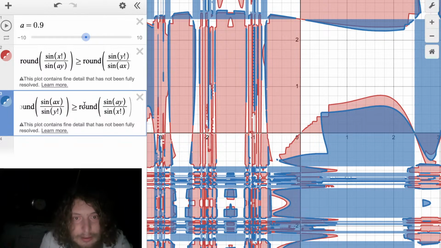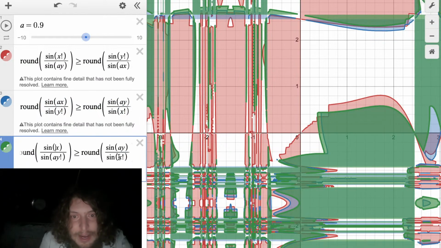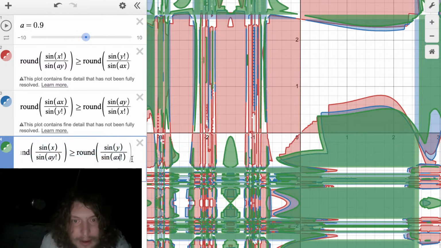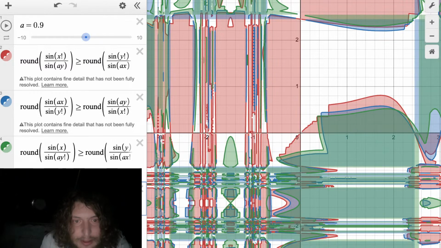Another one would be, what if the factorial side gets the a too? So now the a's are going to be on the factorial side. And now we're going to try the final clone of that pattern, which will be having that but flipped with the factorial on top.